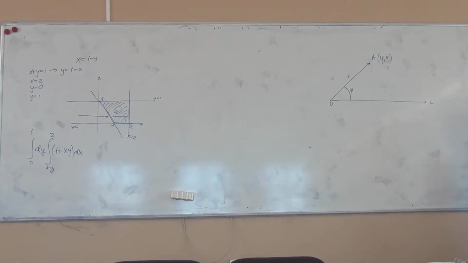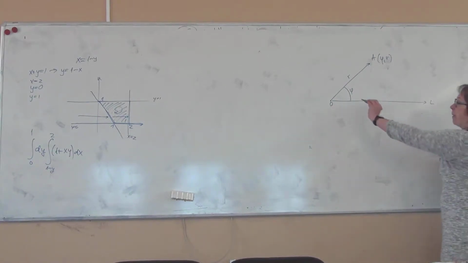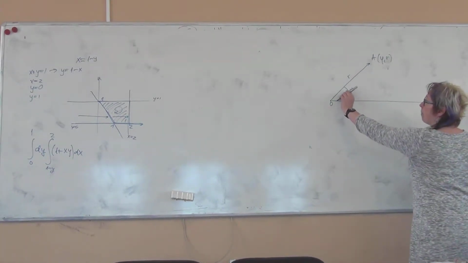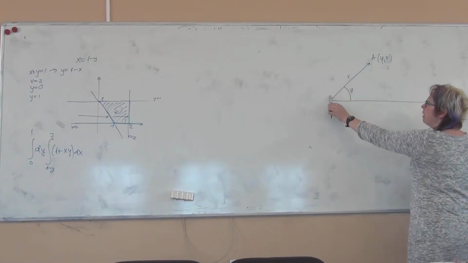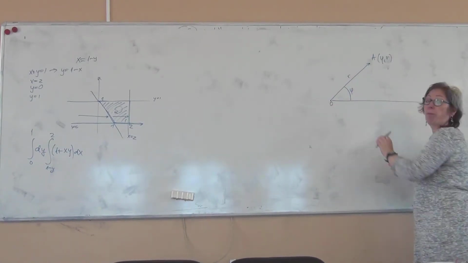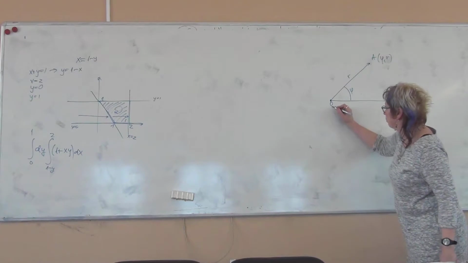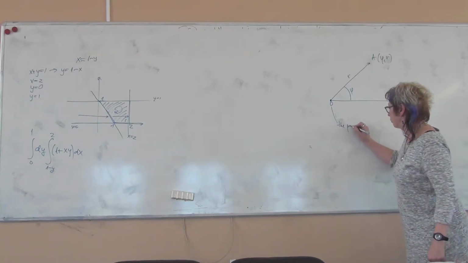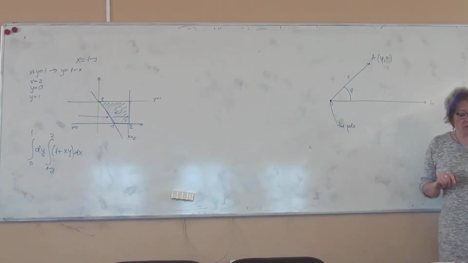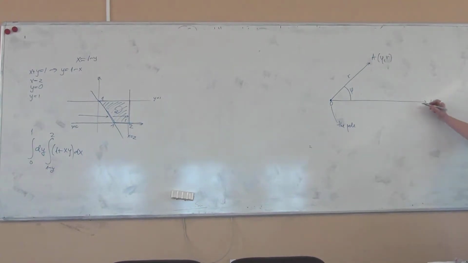Usually the functions are defined as r in terms of phi. In other words, depending on the angle, we define the distance from the pole. This is called the pole, the center of the polar coordinates, and this is the polar axis.